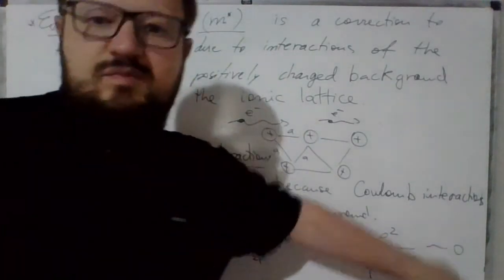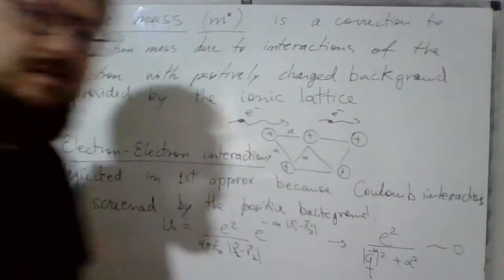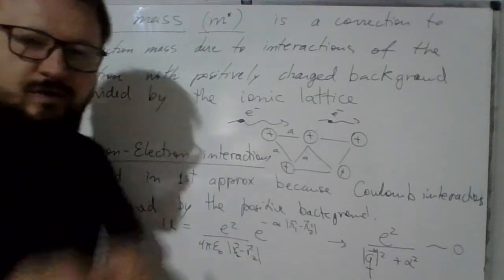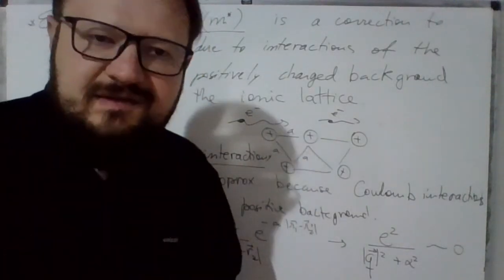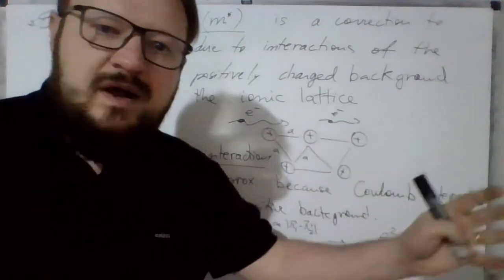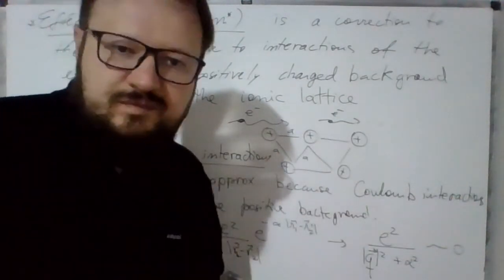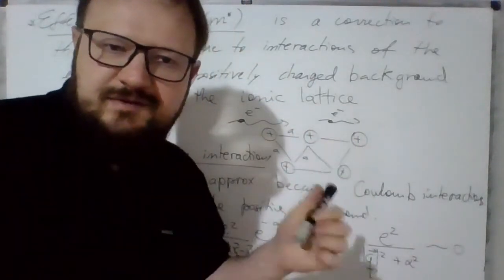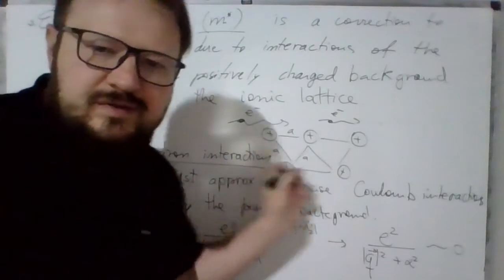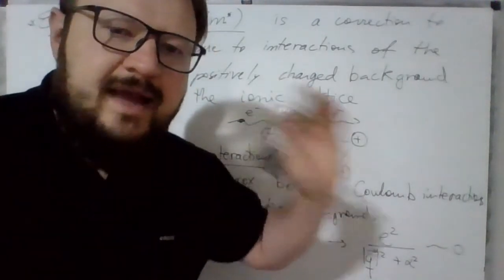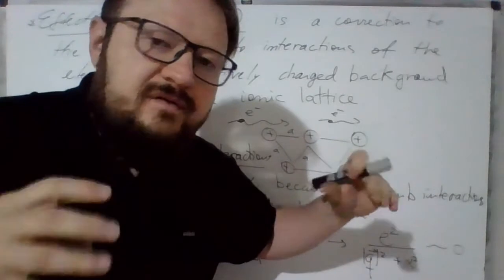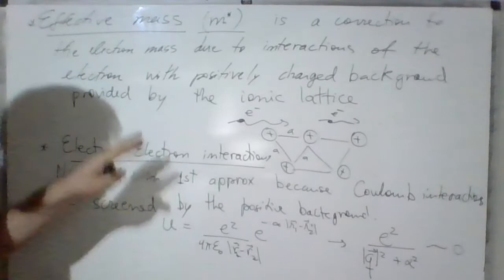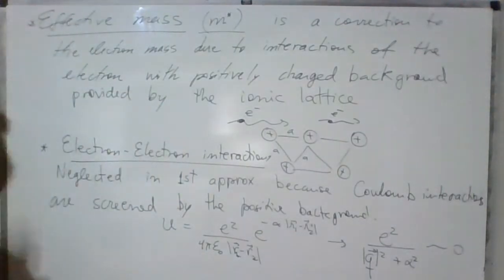Okay, it's a very good first order approximation. Neglect electron-electron interactions. Let me summarize. Effective mass takes into account the positive background, which corrects the mass in the medium for the electron gas. And electron-electron interactions can be neglected due to the screening of the electronic charge by the positive background. These are two effects of the lattice on the electron gas.